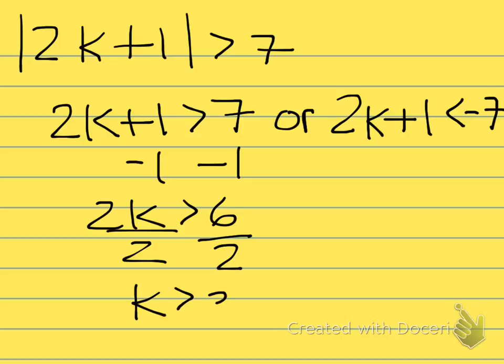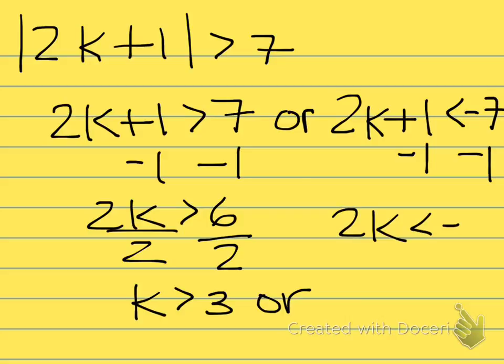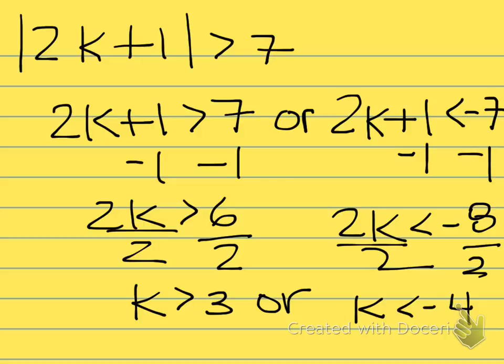So k would be greater than 3, or k would be less than negative 4. So we would have these two graphed on our number line.